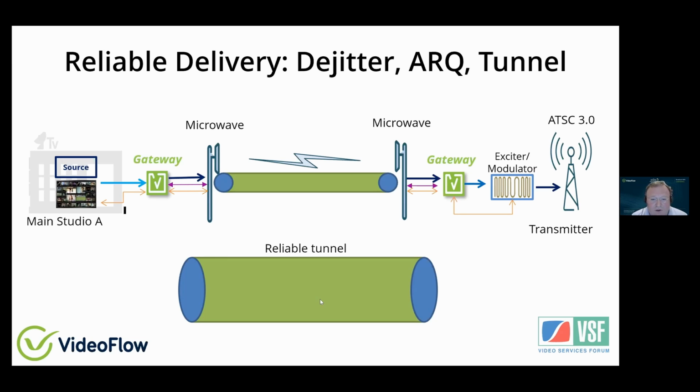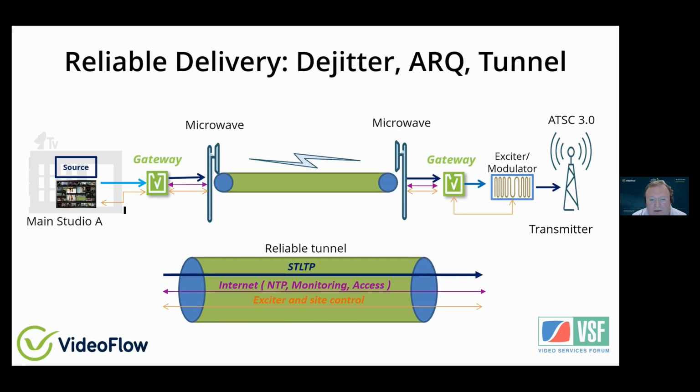Because now, not only can we carry STLTP, which is the standard practice, we can add any type of data, just like my friend Sergio showed in his presentation about the tunnel. We can send NTP, monitoring, and remote access to the transmitter side, and we can add some control. Maybe somebody wants to control the remote side, the transmitter side, the exciter or other devices. He can do that by way of a tunnel.